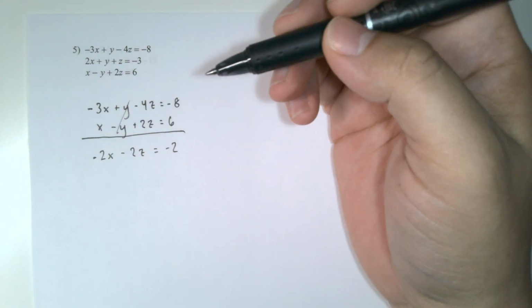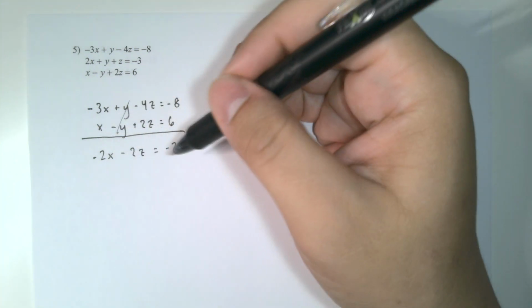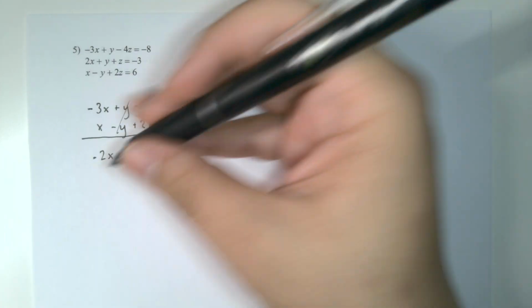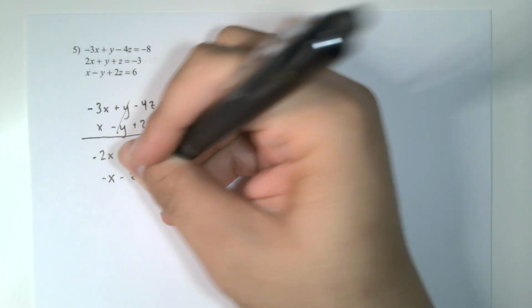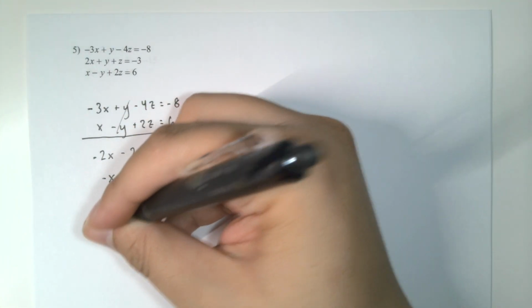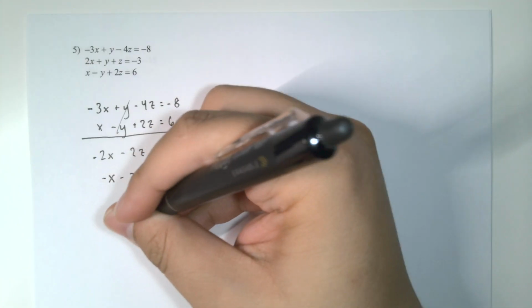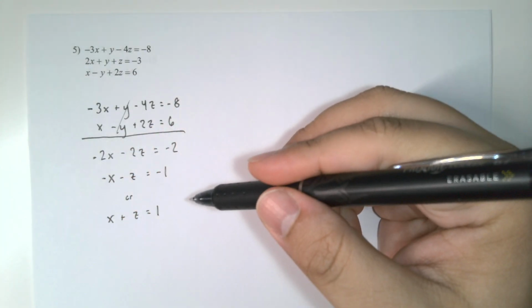Just like last time, if we can work with smaller numbers, we should. If we can divide all of these by, say, 2, we'll have negative x minus z is equal to negative 1. And you could write it as, if you divided by negative 2, x plus z is equal to 1. Either one works. It doesn't really matter much.